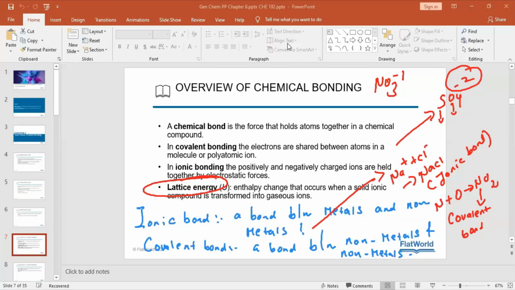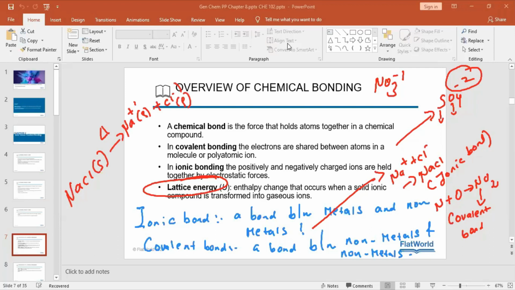Now, energy is needed to break up a solid ionic compound. For example, if you have NaCl, which is a solid ionic compound, to completely transform sodium chloride into gases, a sodium ion and a chloride ion as a gas, you need some kind of input of energy.